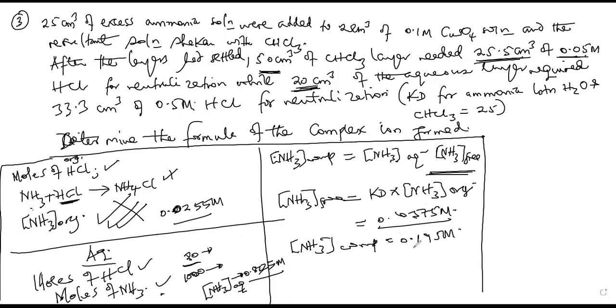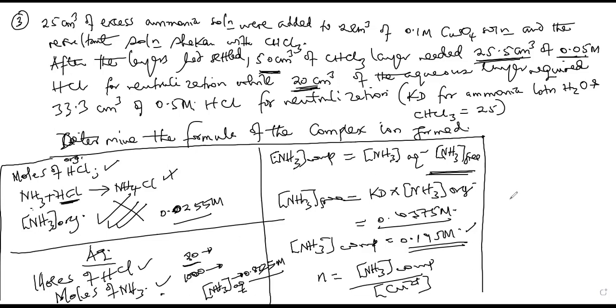0.195 molar. Now, after getting ammonia complexed, you can get your value of n, because remember n is equal to complexed ammonia out of concentration of copper in aqueous.